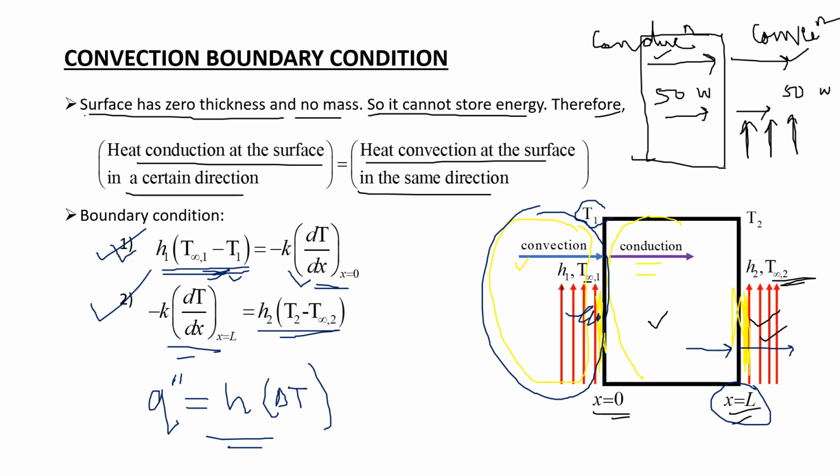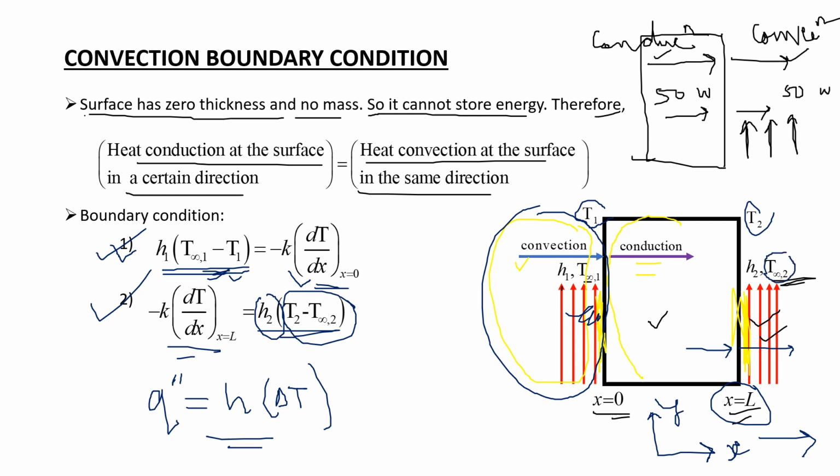This is the heat transfer coefficient and this is the temperature difference. The temperature difference is T2 minus T infinity 2. This is because the heat is being transferred in the x direction, so T2 must be greater than T infinity 2.